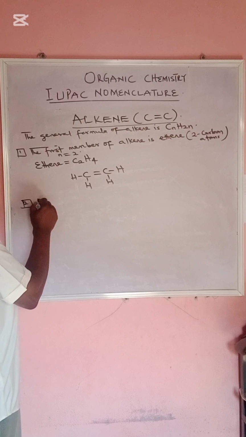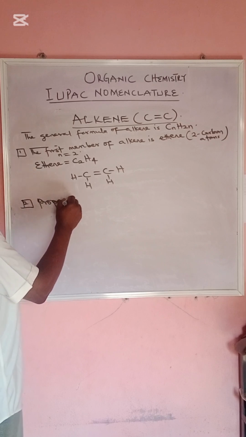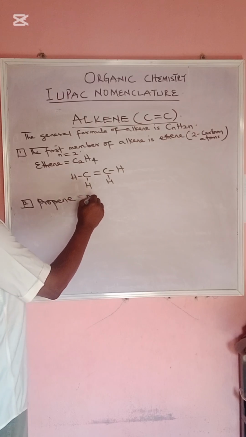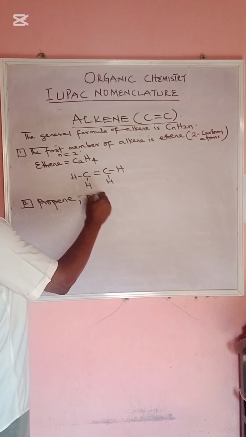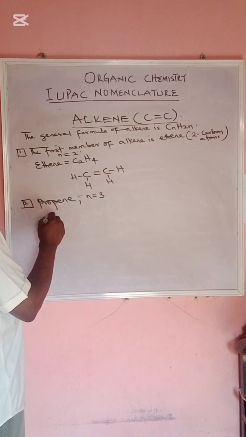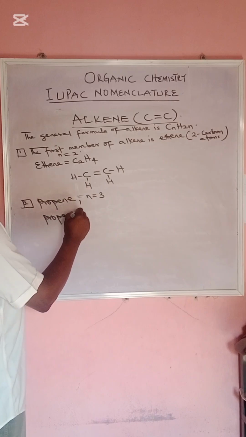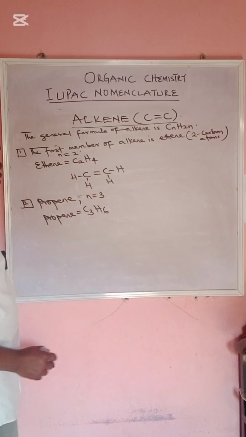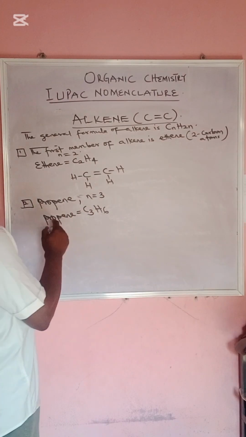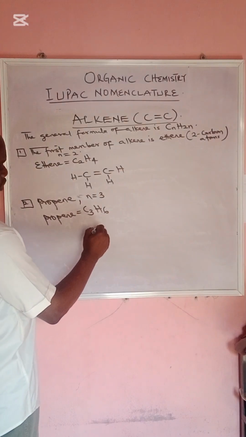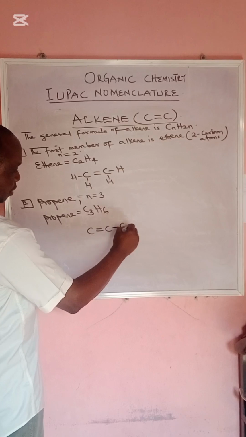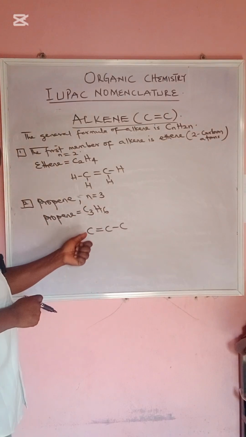So we have propane, the second member. Propane, meaning here n equals 3. So the molecular formula will be C3H6. So if you want to write the structure of propane, the first 2 carbon atoms must have the double bond, then another carbon, because it has 3 carbons.